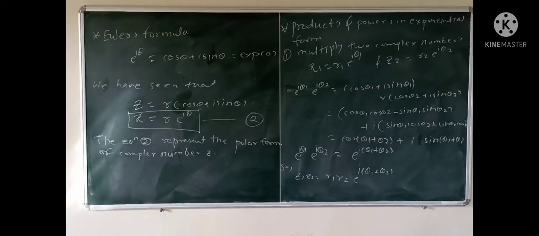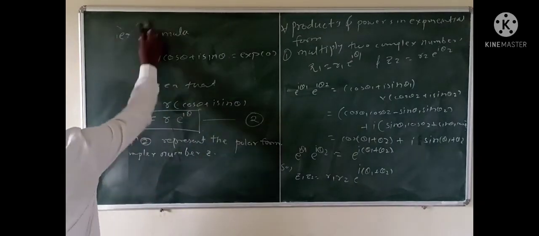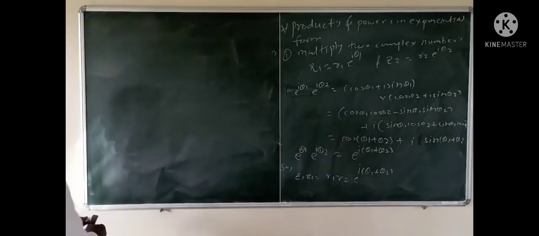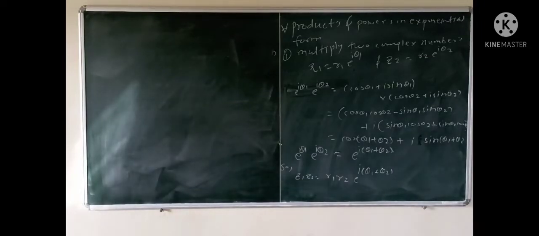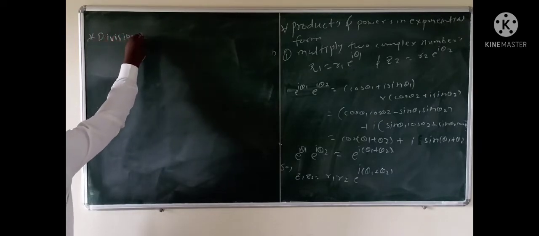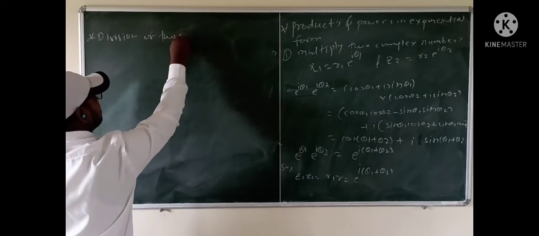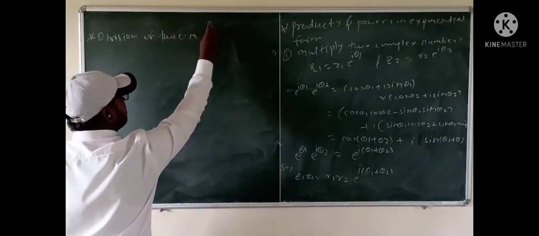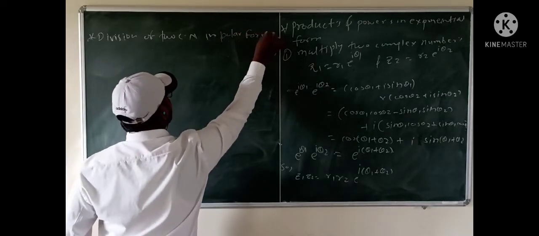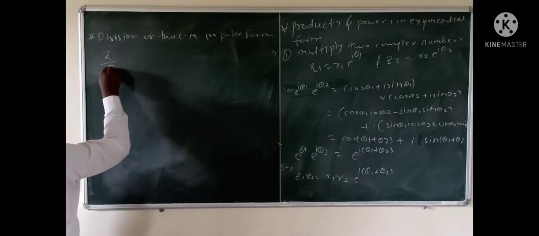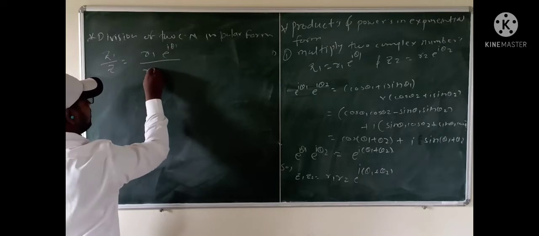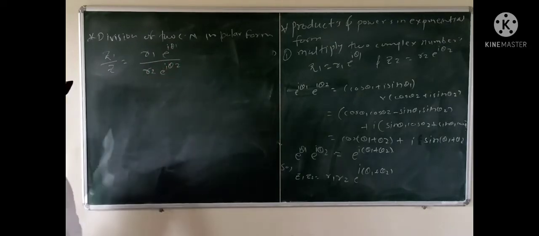Next is the division of two complex numbers in polar form. z1 upon z2 is equal to r1 e raised to i theta 1 upon r2 e raised to i theta 2.